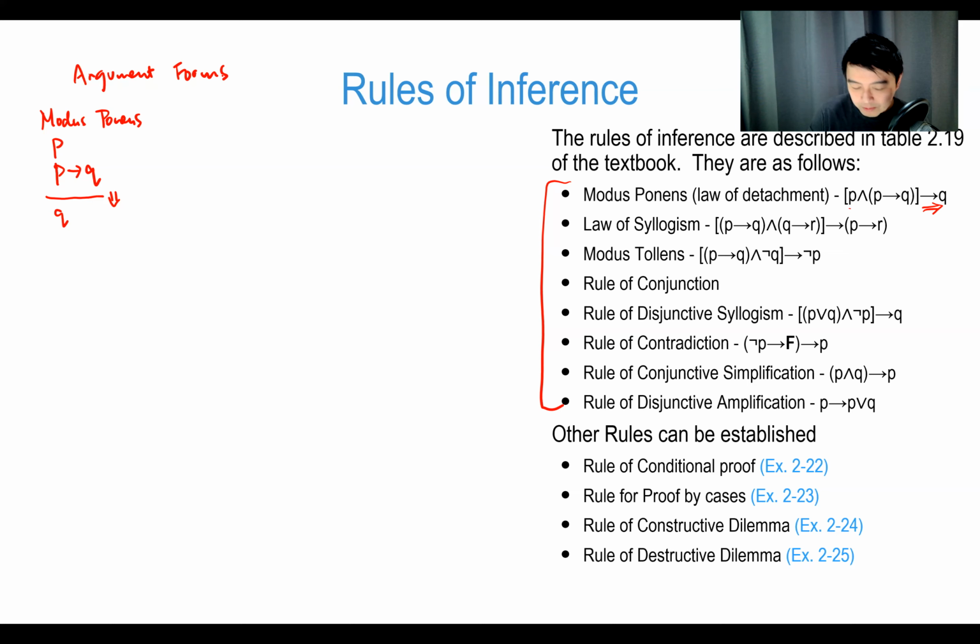Let's say you know that if I'm taller than 6 feet, then I'm taller than 5 feet. And you know I am taller than 6 feet. What can you conclude from this? Well, you can conclude that I am taller than 5 feet.